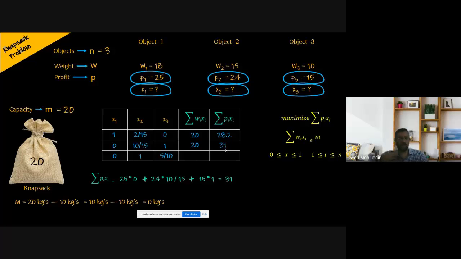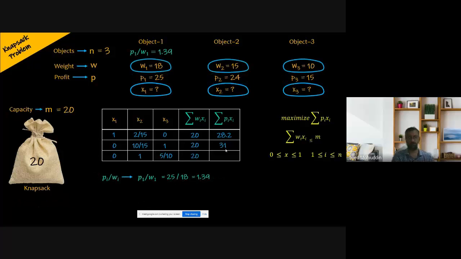There's another, actual greedy approach to it. Now, these two are feasible solutions. But the actual greedy approach is to take the profit per unit of weight. Not to select the one which has more profit, or more weight, or less weight.